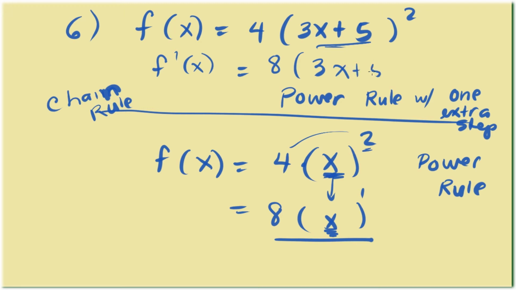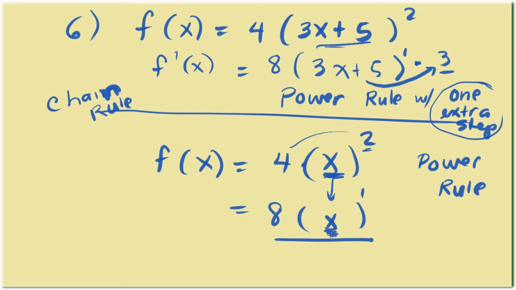We're gonna copy that base 3x plus 5, and then 2 minus 1 is gonna be 1. That's a power rule. Now, because the base is not a plain x, we have to do one extra step, which is get the derivative of that base, which is 3, okay, and then you multiply it to the rest of those terms right there. So times 3. That's the one extra step. You get the derivative of that base and then say times that number, okay?